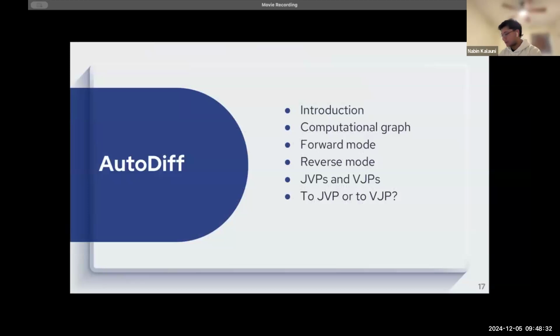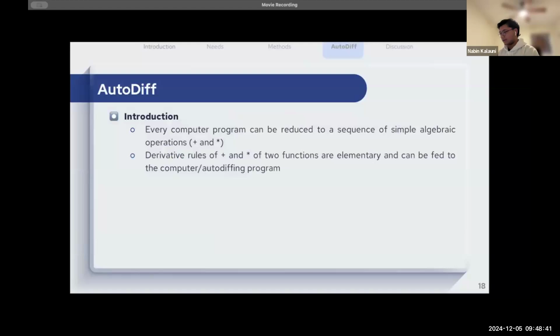And finally, the way that we've settled into doing derivatives for machine learning is something called automatic differentiation. The idea behind AutoDiff is that any computer program you can think of can essentially be boiled down to very simple algebraic operations, right? Just sum and multiplication at the end of the day.